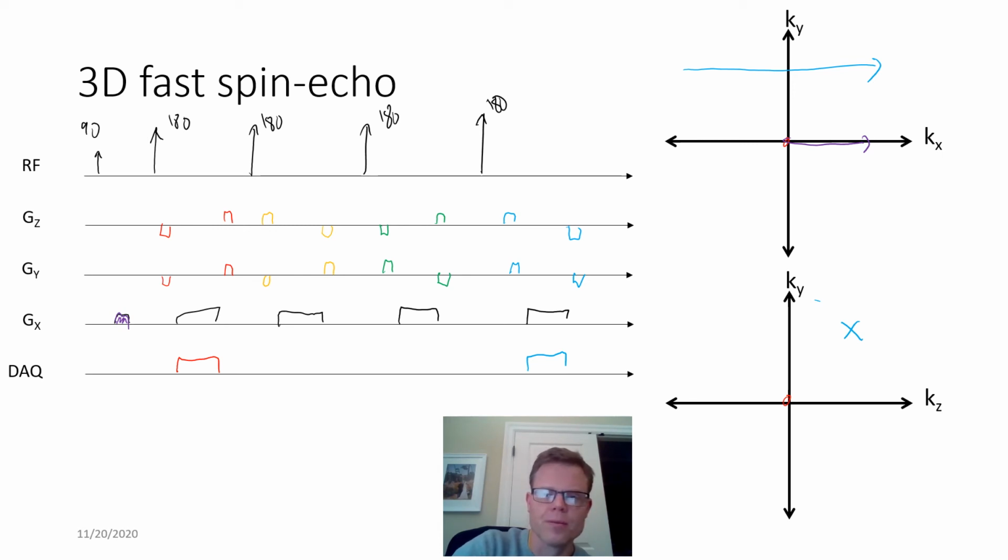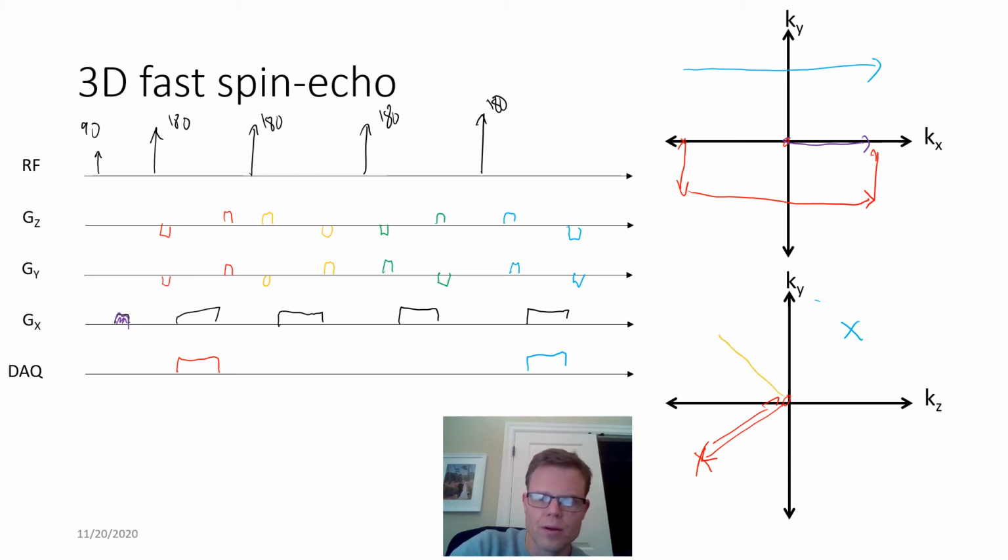The 180-degree pulse flips us around. We're going to go negative in KY and KZ. Due to these negative phase encoding blips, we're going to do our frequency encoding readout, move back to the center, and then repeat.